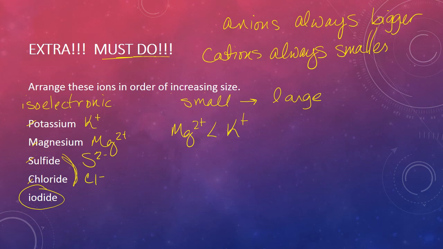Well, chloride only gained 1, so it's got to be smaller than sulfide. Sulfur gained 2, so it's bigger than chloride. And then, of course, we have this oddball iodide, which is just ginormous. Make sure you know how to do a problem like this.